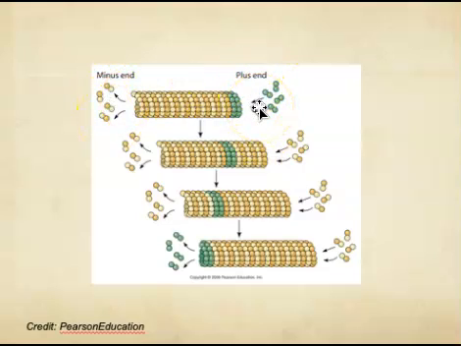Remember, the plus end is the end where more heterodimers can be added on. The minus end is where heterodimers can be lost. So when a microtubule treadmills, we are adding more on and taking off in balance. So the microtubule doesn't change length.